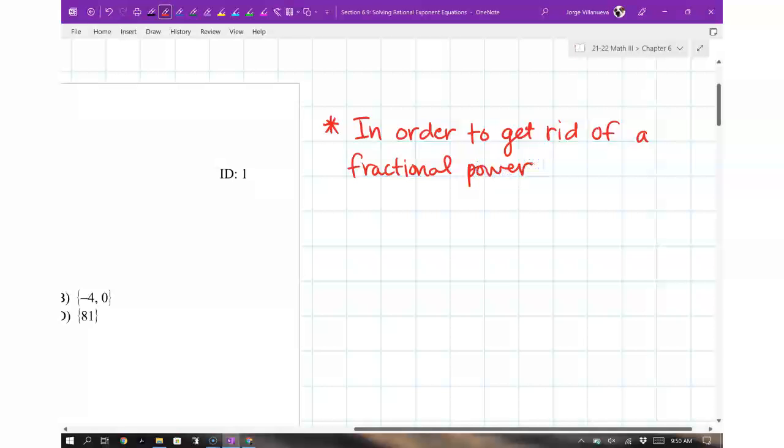So like a 2/3 power, a 1/4 power, a 1/2 power, you must multiply by its reciprocal.